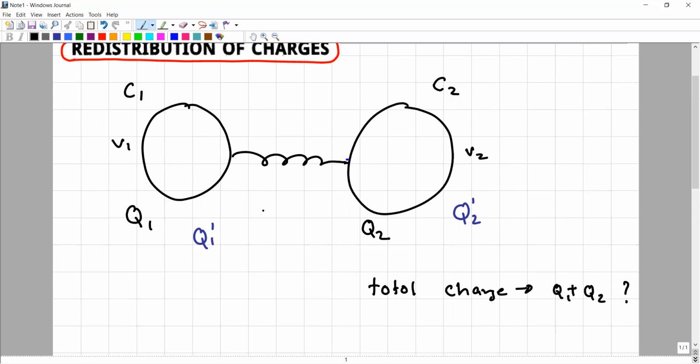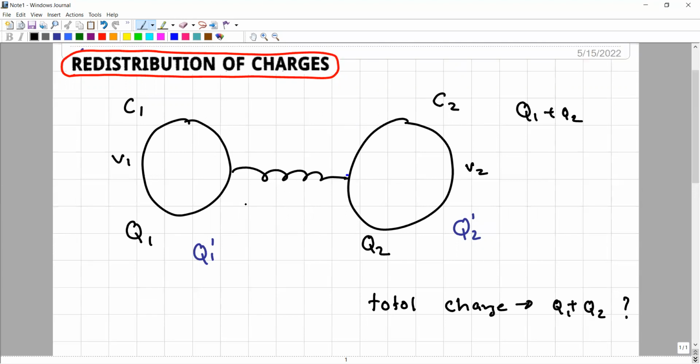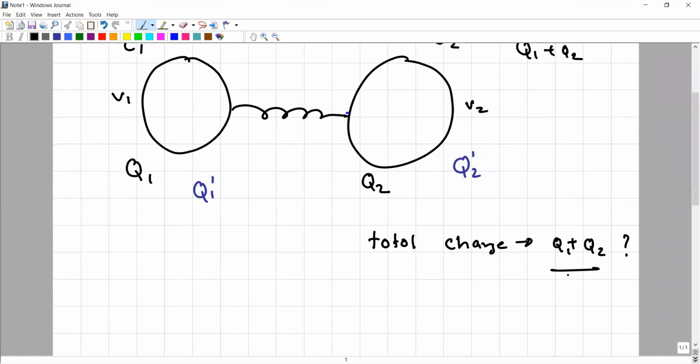The total charge of the system, Q1 plus Q2, is going to remain the same. Understand this very carefully. Some redistribution is going to happen, where some charge flows from this to this, or this to this, but there is no new charge coming from outside, and no charge is lost outside. So the total charge here will remain Q1 plus Q2.